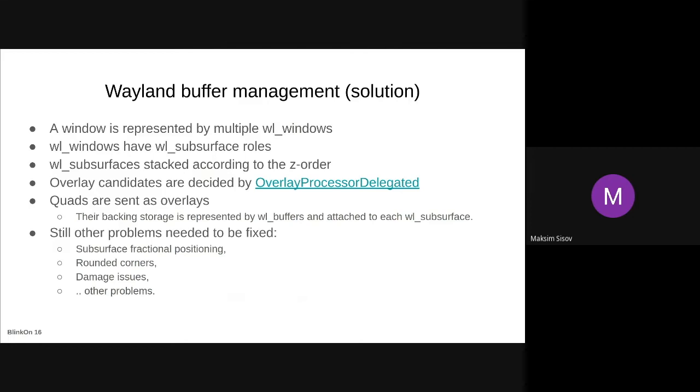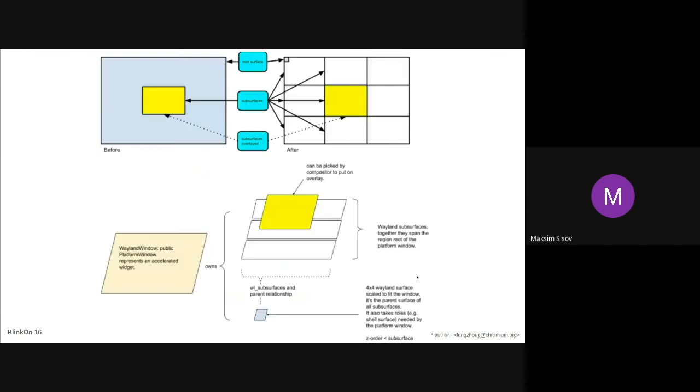In the beginning, not all quads could be promoted due to some limitations like rounded corners, subpixel positioning and others. After these quads are promoted as overlays, overlay configs for these quads are passed to Wayland, and Wayland buffers that represent an image of each quad are attached to a Wayland subsurface.